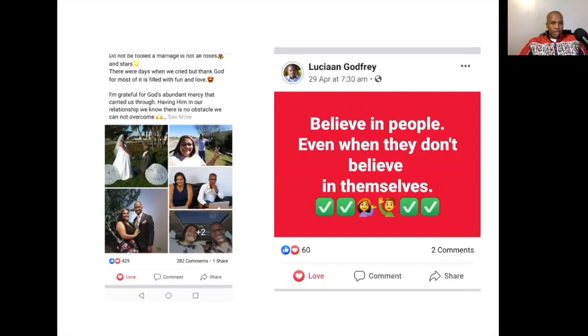So now the question is, I'm going to use myself as an example. So one of my posts, on the left-hand side, you will see that there were 425 reactions, likes, etc., and 282 comments. Now, why would one post have that engagement and the other one does actually terrible with only 60 engagements?